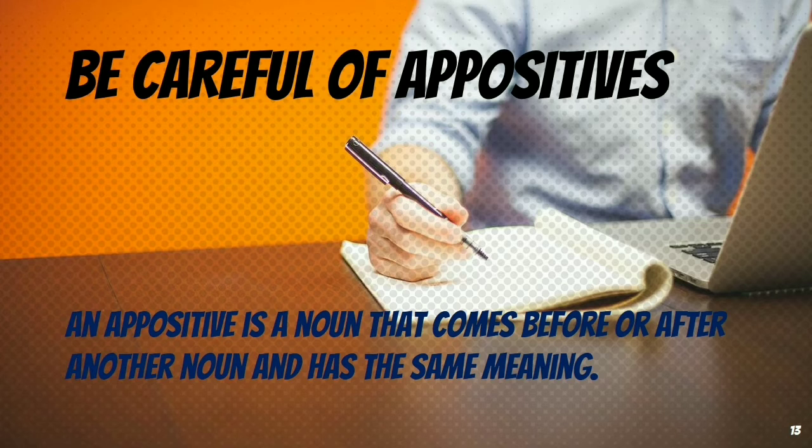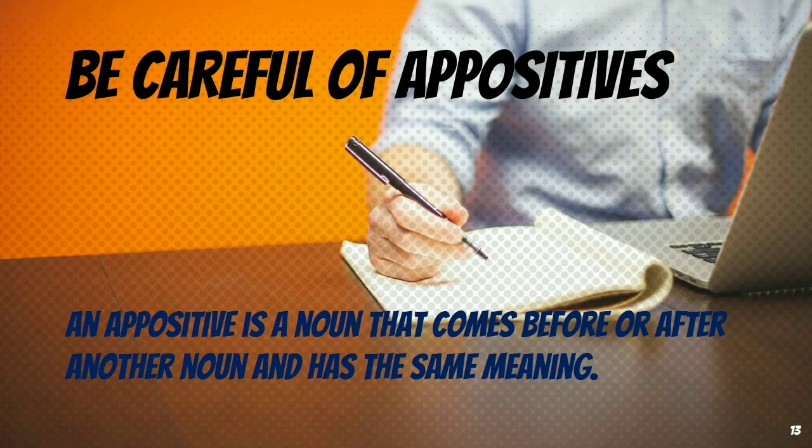The third skill is be careful of appositives. What is an appositive? An appositive is a noun that comes before or after another noun and has the same meaning.